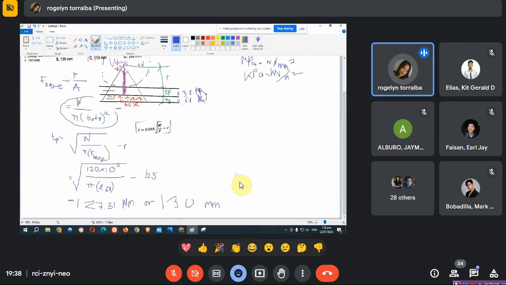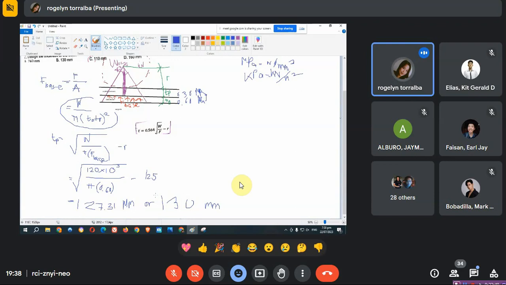Pila na ng mm plus gamay kay na siya sa imong steel tape. So, ma-stress ang foreman og tan-aw. Unsaon, by 10, di ba? By 10 atong increment. Pwede po by 5. Pero usually by 10 jud kay gamay ra ang 5 mm nga increment. So our final answer for this is 130 mm.